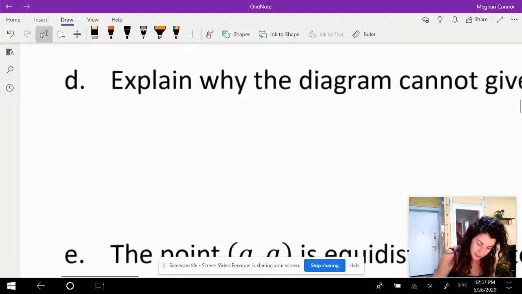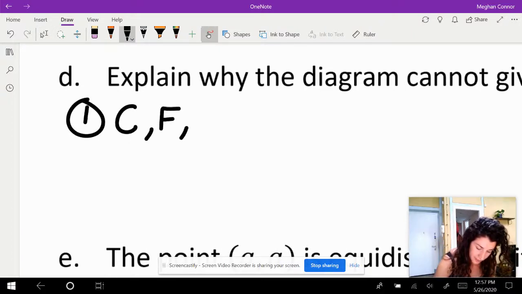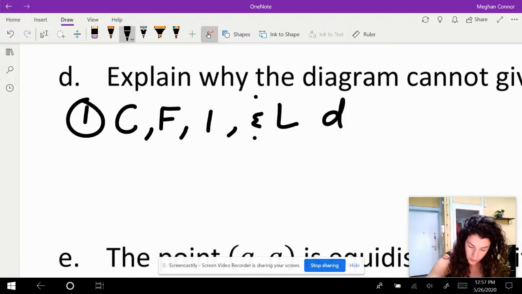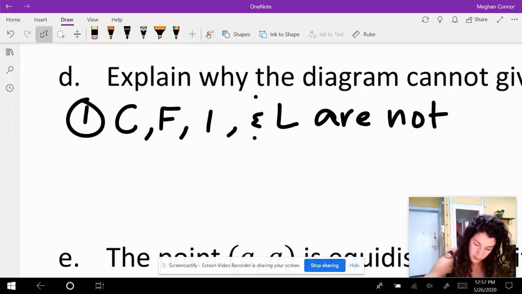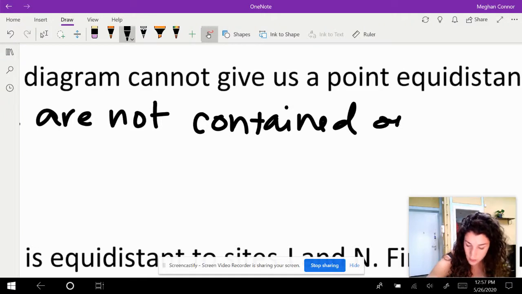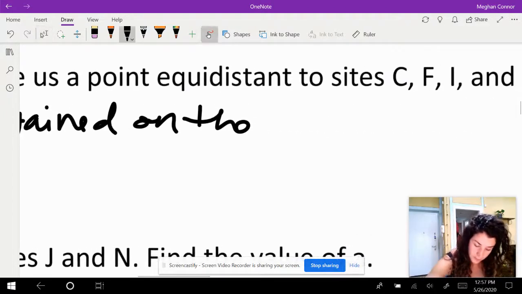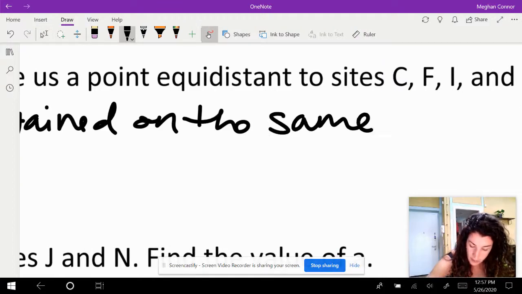The first reason is that C, F, I, and L are not contained on the same circle.